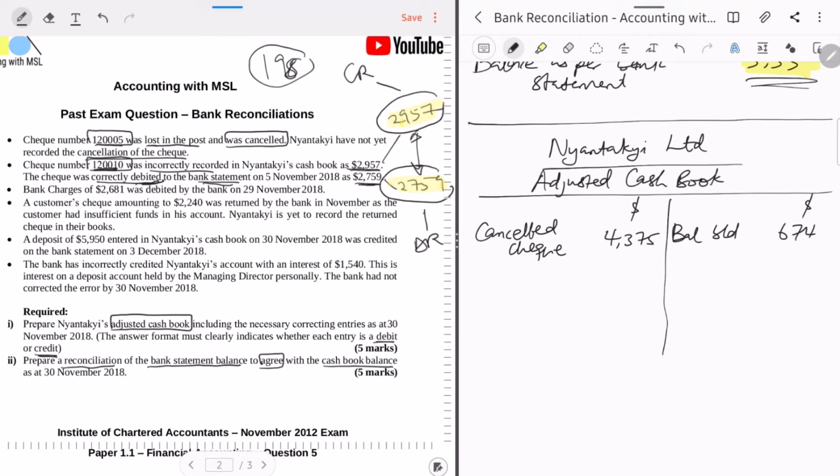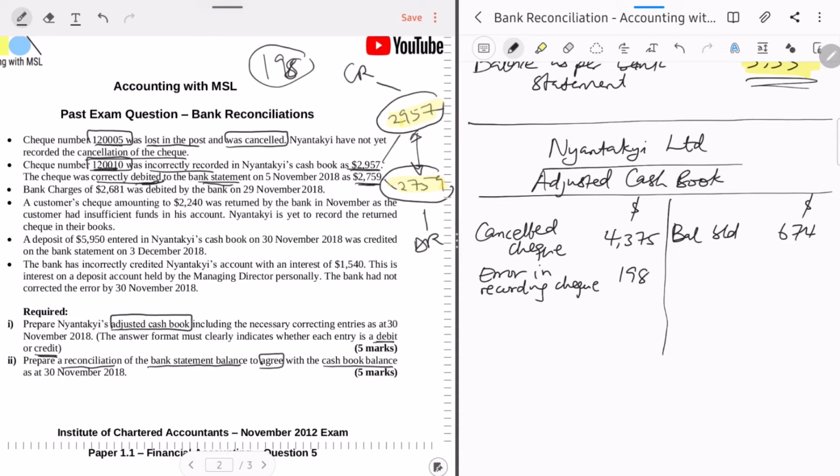Now this difference of 198, like I told you, currently we have recorded more on our credit side than we should. So we need to make a debit entry to offset that excess, right? So we enter 198 on the debit side to offset it, right? So we say error in recording check 198. And you're done.